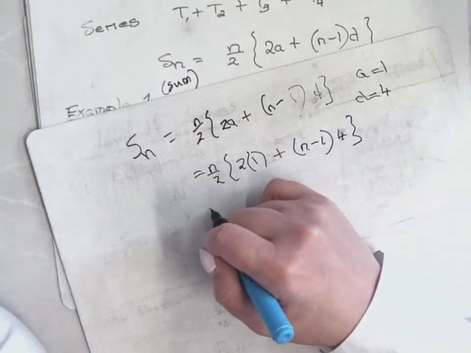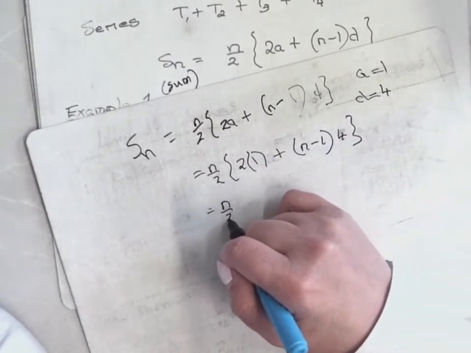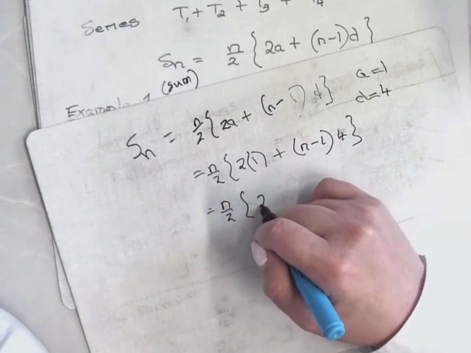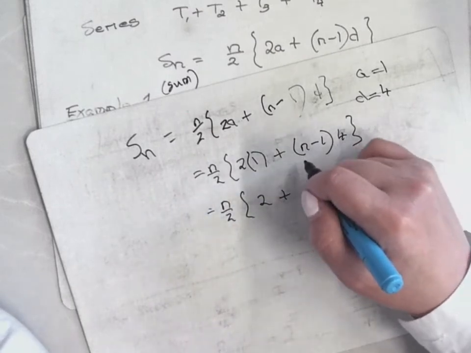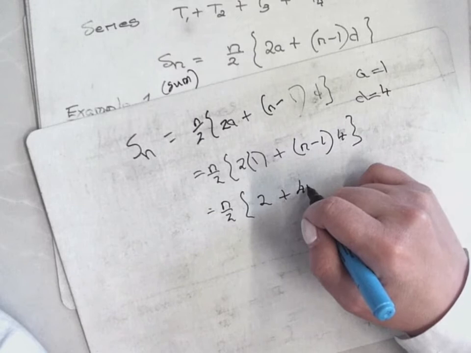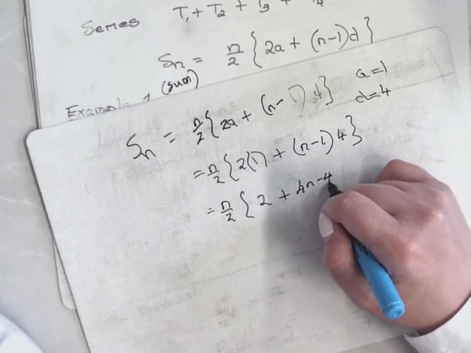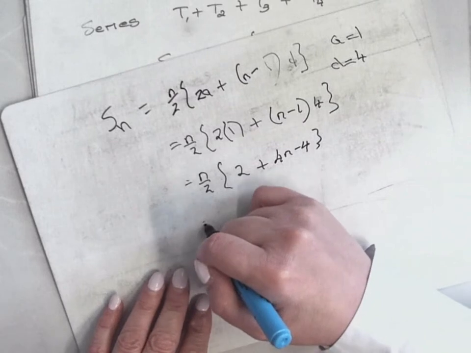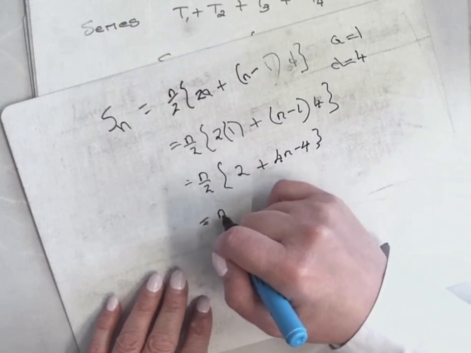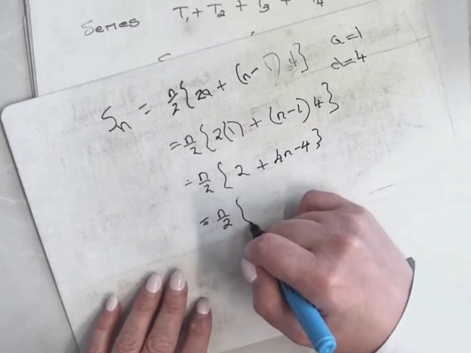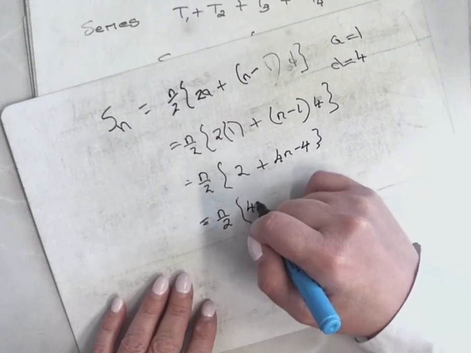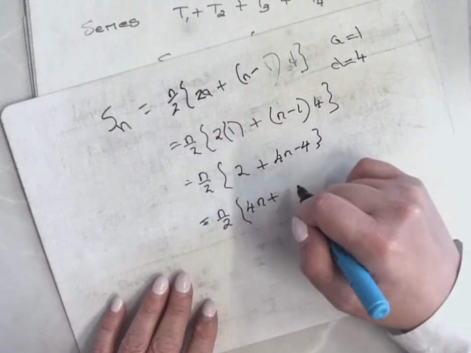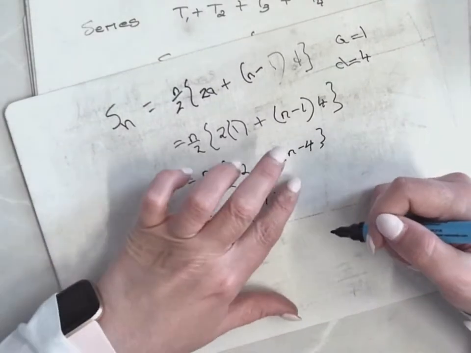Okay, so that's n over 2 into 2, multiply into that bracket, 4 by n is 4n minus 4, and that would be n over 2 into 4n plus 2, sorry, it's actually minus 2, isn't it?